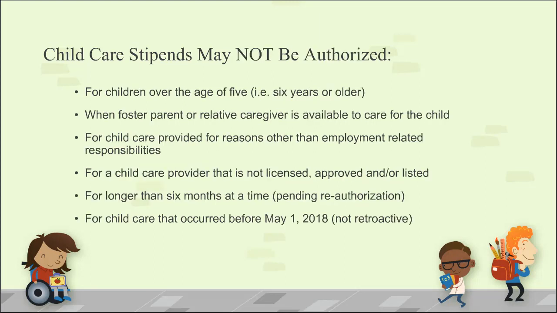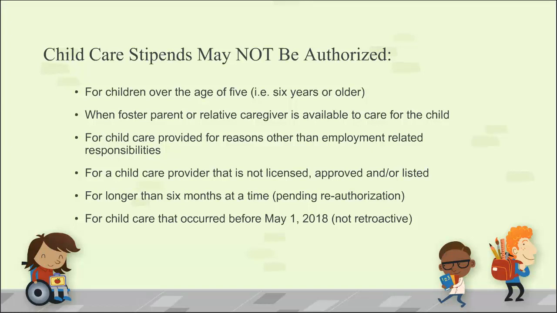Thanks for clarifying that. And that leads us to the points where we are not able to authorize child care stipends. So it's sort of the flip of what I just said, but I think it's important to emphasize that children over the age of 5 do not qualify for this new process. It has to be where the foster parent or relative caregiver is unavailable to care for the child due to work.